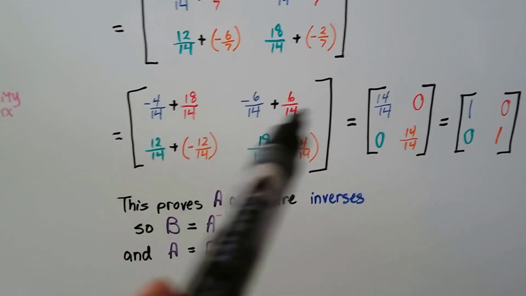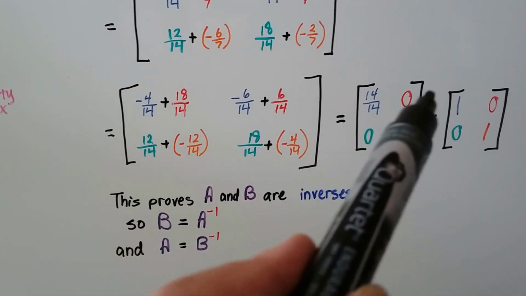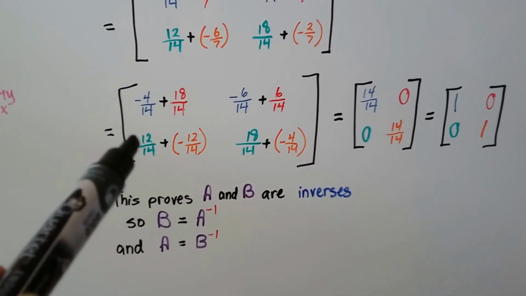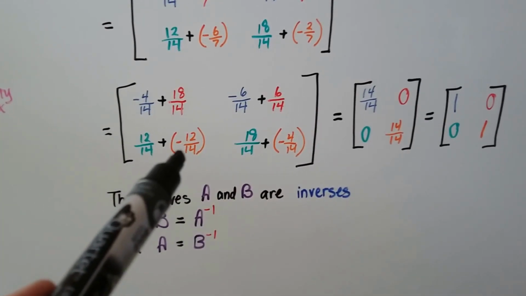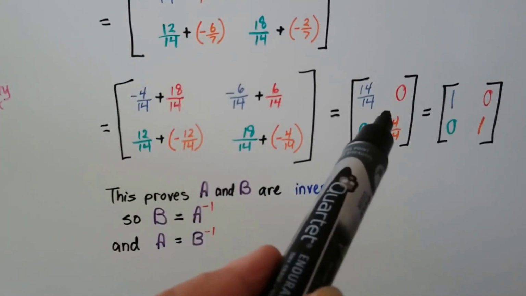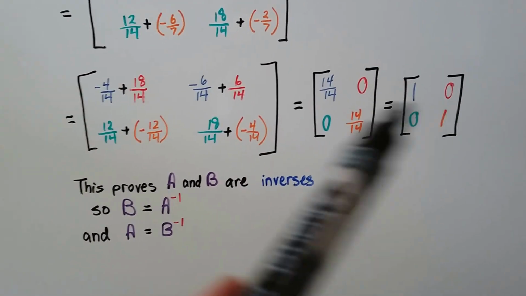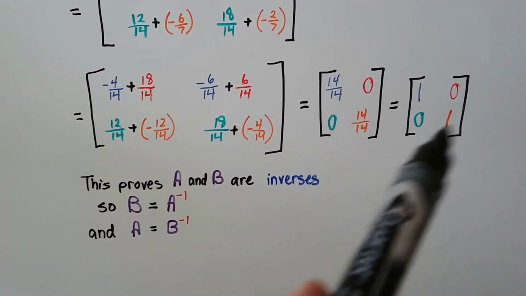Negative 4 plus 18 is positive 14. And this, that's a zero pair, we're going to get a 0. And here we have a 12/14 plus a negative 12/14, well that gives us another 0. And this one, 18 minus 4, well that's 14 over 14. So look, we got our 1 and our 0 and our 0 and our 1.